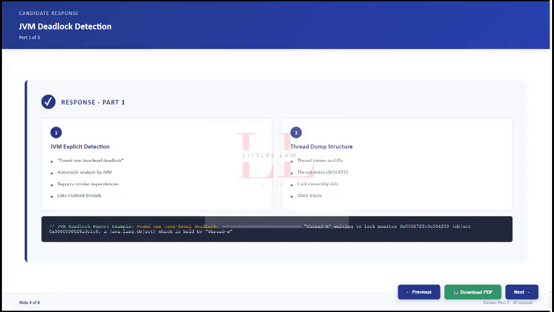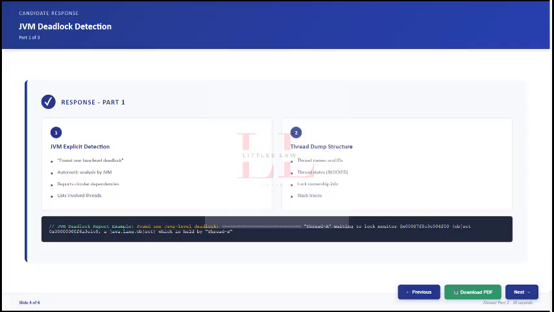We get the thread ID, we get the thread state, which will be blocked, and we get the lock information. The lock information is very critical because it shows you the monitor address in hexadecimal, like you see on the screen here, and the object reference that's been locked, usually something like java.lang.Object or com.yourcompany.SomeClass, whatever the class is, and which other thread currently holds that lock.